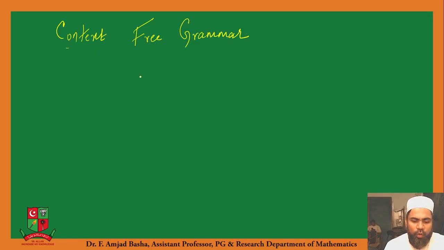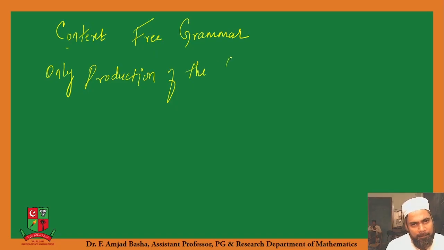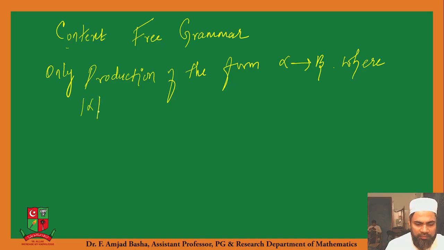When it comes to context-free grammar, it contains only productions of the form alpha tends to beta, where the length of alpha should always be less than or equal to the length of beta.